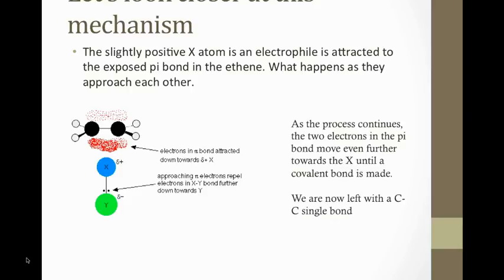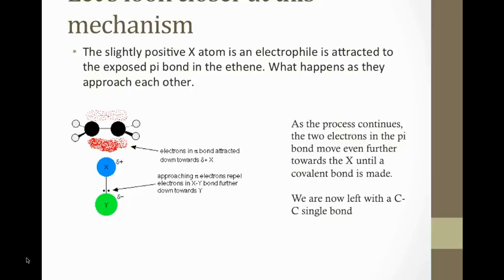Let's look a little bit closer at this mechanism. As the electrophile and nucleophile come toward the double bond, the electrons in the pi bond are attracted toward the positive end of the electrophile-nucleophile combination. The negative side of the molecule is repelled.